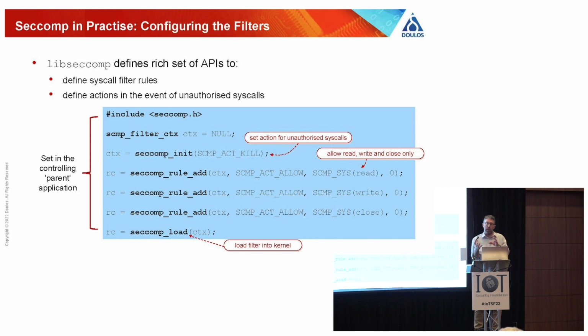There's a set of quite complicated macros you can use to say, I will allow you to read from a file, but only in this location on the file system, or something like that. So you can really go very detailed in the way that you're setting up these pinholes, as I say. The final stage is to load the filter, represented by a data structure, into the kernel. It's then running, it's active.